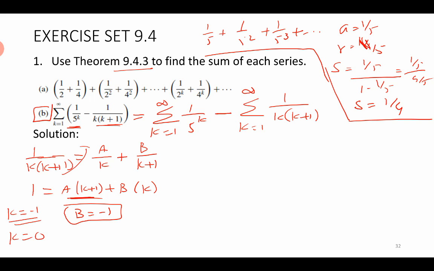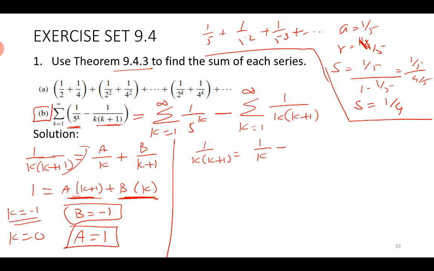When K is 0, the second term will be 0, and the first term will be 1 times A, so A is 1. Thus we can write 1 over K times K plus 1 as 1 over K minus 1 over K plus 1.